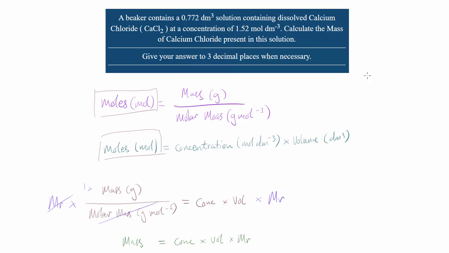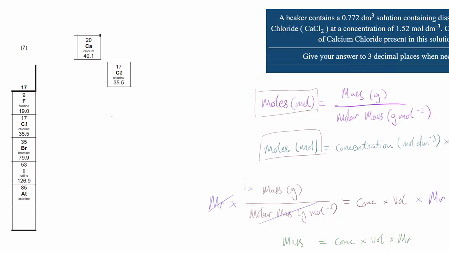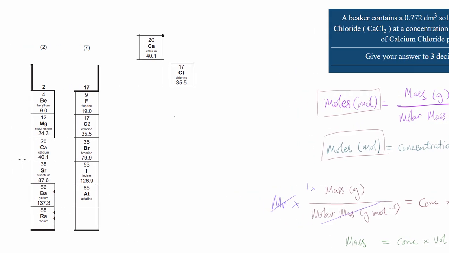We know it's calcium chloride and we've been given the formula, so we can use the periodic table to work out the mR. To work out the molar mass, we need the relative atomic mass of each element in the formula multiplied by its occurrence. So we've got Ca and Cl.